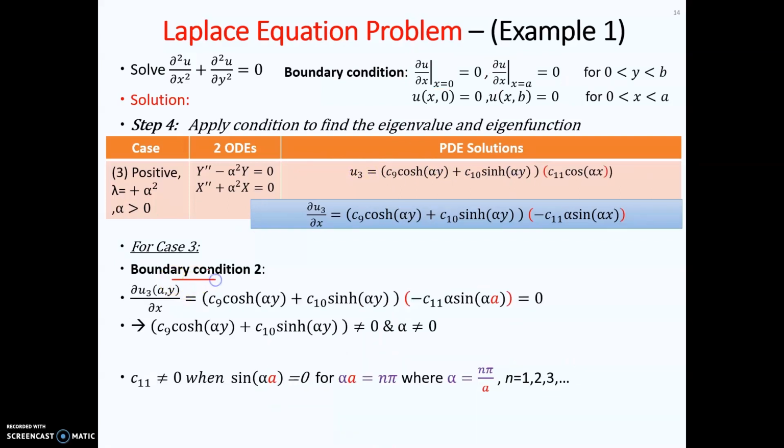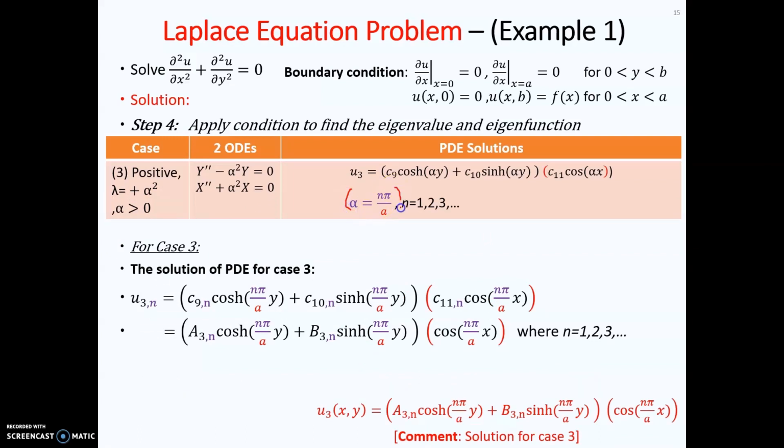So after you apply the second boundary condition, you obtain the hyperbolic cos and hyperbolic sin here not equal to 0. And you know that the constant here is not equal to 0 when the sin term here is equal to 0. For alpha a equal to n pi, if you rearrange, you obtain alpha equal to n pi divided by a. And you should know the n index is starting from 1, 2, 3 and so on, because alpha here is greater than 0 in this case.